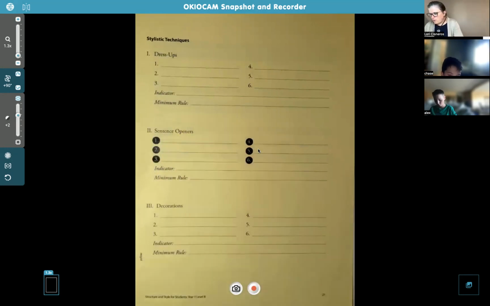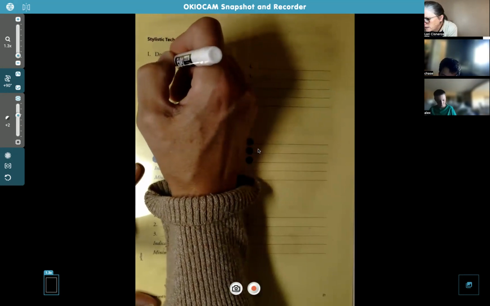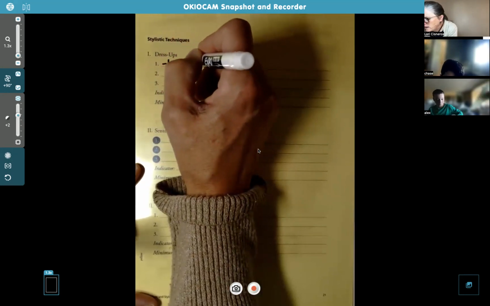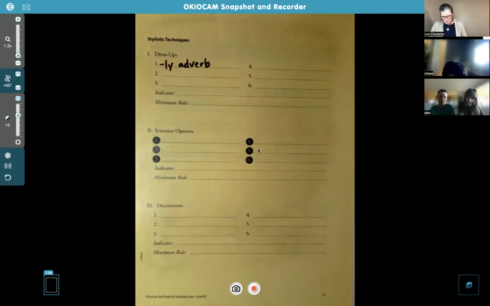So next to number 1, I want you to put a little dash like that, ly adverb. So go ahead and write in ly adverb there. Then we're going to talk about what that is in a minute, because we're going to look at our keyword outline next.